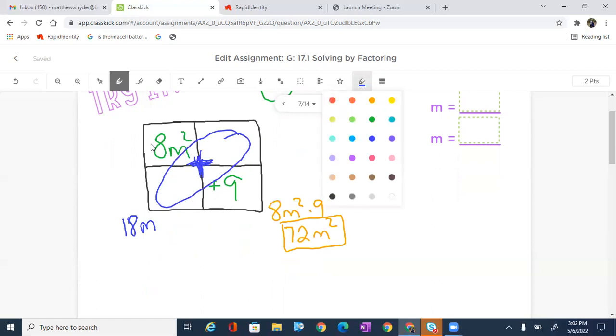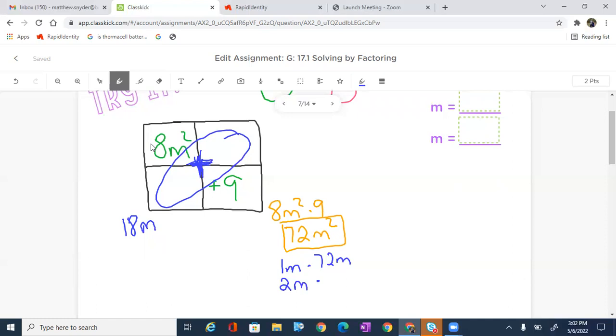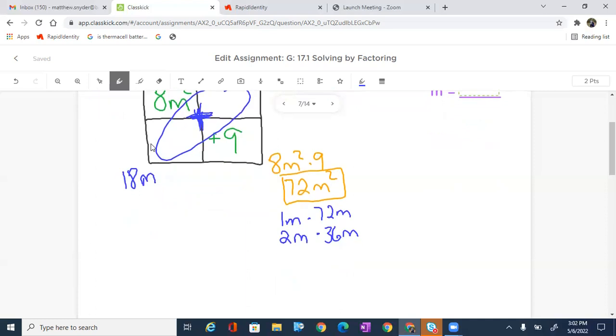I'm going to make a list of numbers that multiply to 72. So I'm just going to start with easy ones. So 1m times 72m. And then I'm just going to go through the list of multiples. 2m times 36m. And let's just keep going.